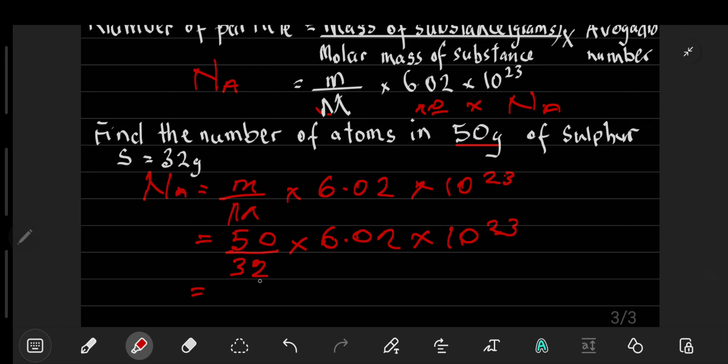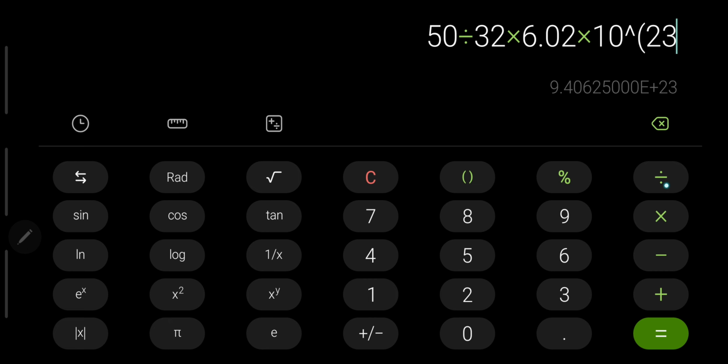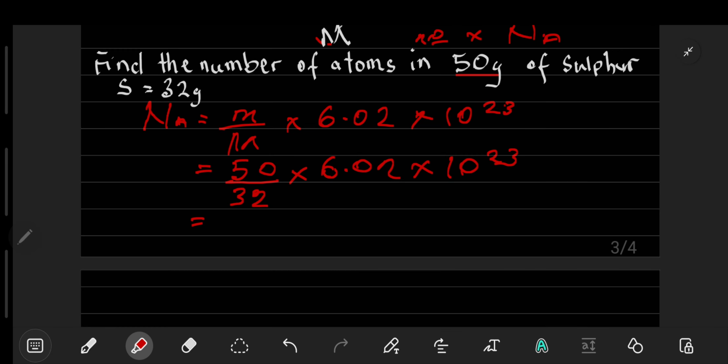So that is going to give us, working from our calculator, this is what we have as our answer, 9.460. So let's write that down. So this is going to be the number of particles we have in the substance.